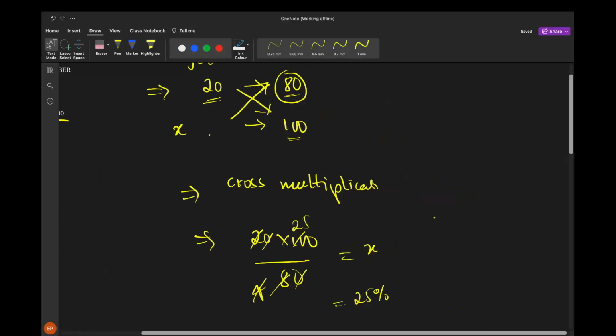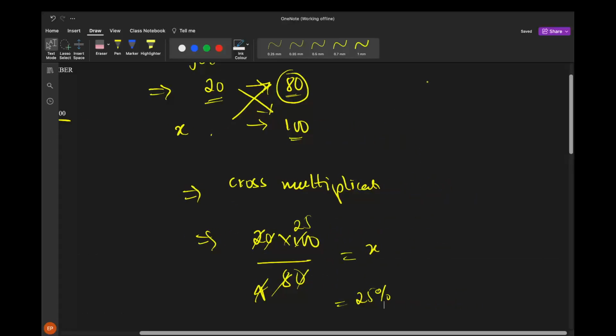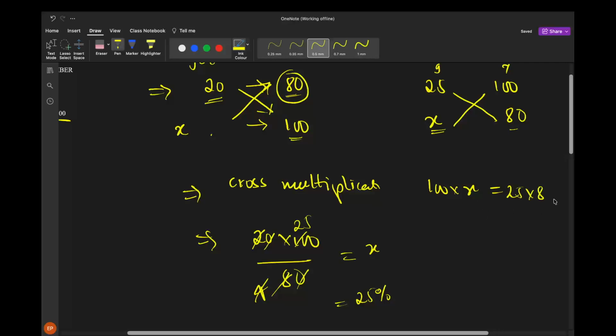This is one thing. Let me ask something here. I am getting 25 marks per 100. How much will I get for 80? As I told, I will take this as x only. Just cross multiply: 100 into x equals 25 into 80.